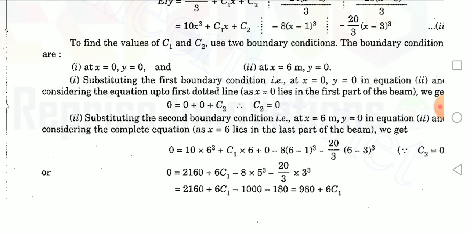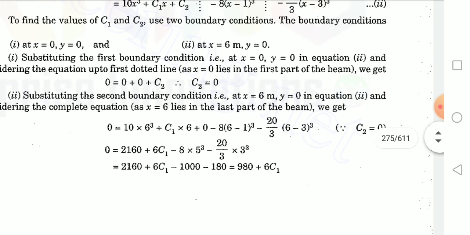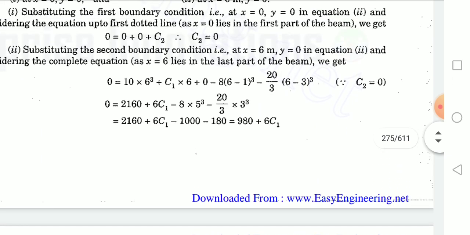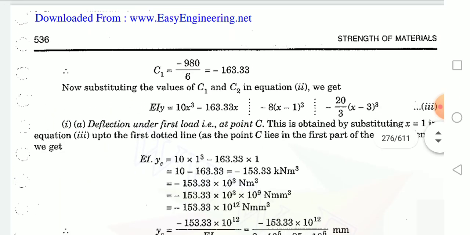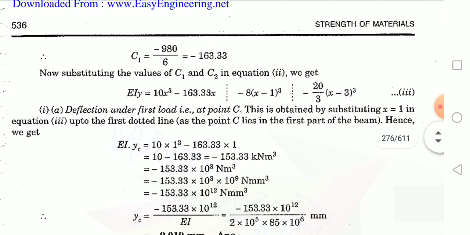So we get numerals: 2160 minus 1000 minus 180 is 980, plus 6C1. This is the simplified form. Therefore C1 equal to minus 980 by 6, that is minus 163.3. So constant C1 is minus 163.3.